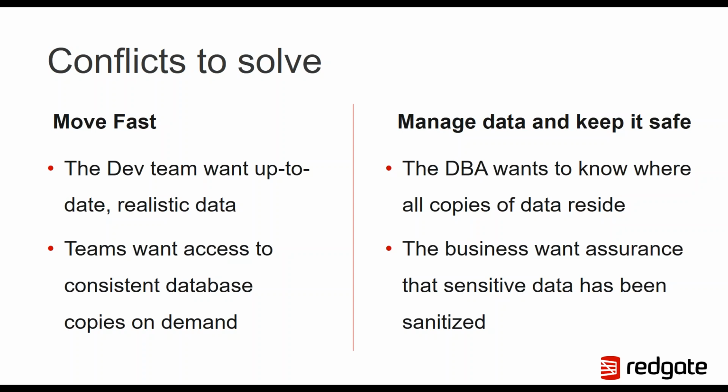The DBA has a different set of priorities, of course, and wants to know that copies of data are in places that they're expected to be. It's not in the DBA's interest to have databases at all four corners of the organization or to be unclear about where they might be, because that DBA or head of data services, IT manager, whoever it might be, the person with the key responsibilities for the databases, needs to be able to assure the business.